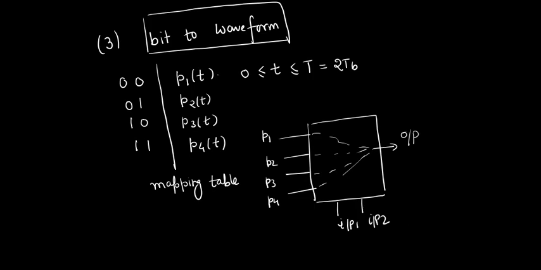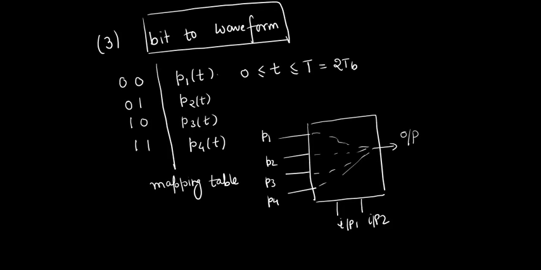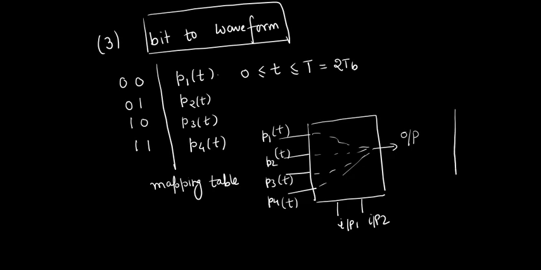Then what are you going to do at the receiver? One of these possible waveforms will travel through the channel and reach the receiver.